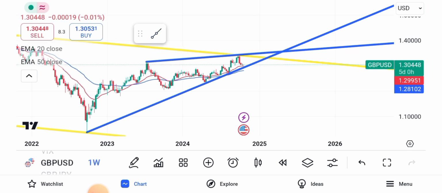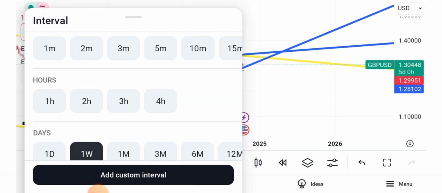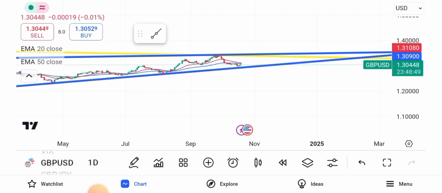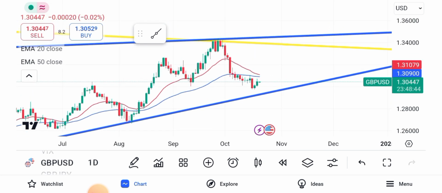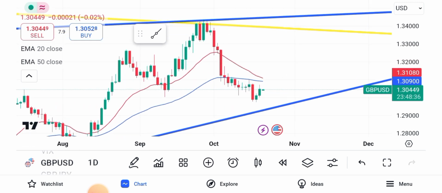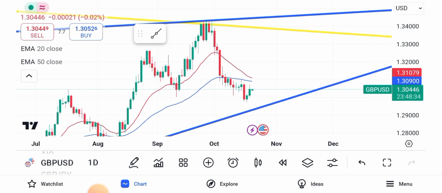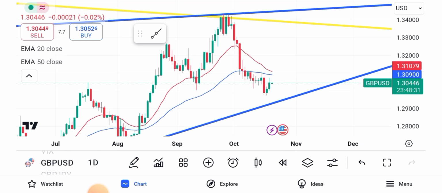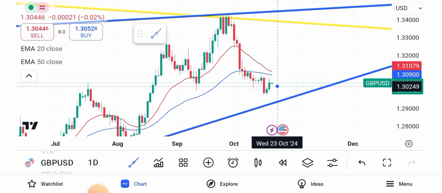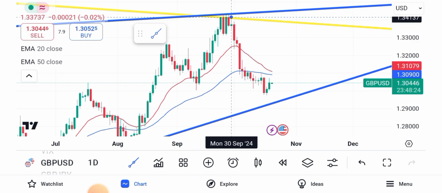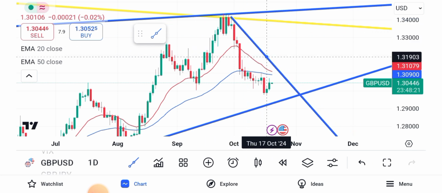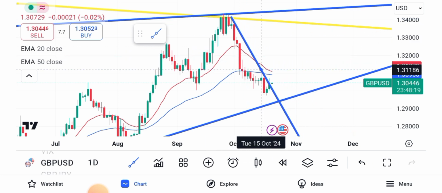Now we're going to move on to our daily trend line. Okay. Now we're looking for the most recent data. So the most recent data here is that we are about to touch this weekly trend line right here. So we are going to do the same here and say, okay, we have a point here, we have a second point here.